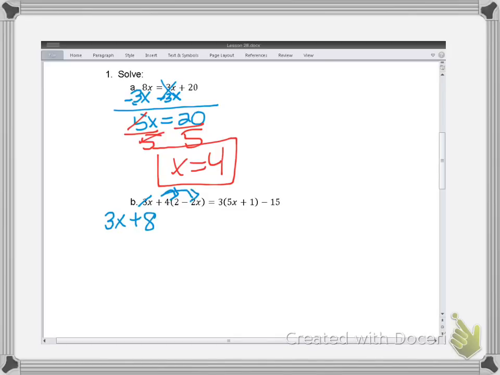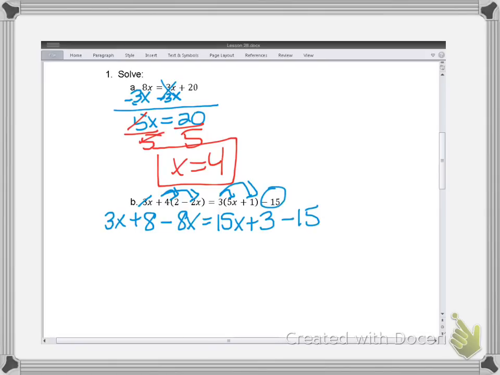And then 4 times negative 2x would be negative 8x. And on the other side, we're going to distribute the 3. So 3 times 5 is 15, and then we have an x. And 3 times 1 is 3. So we have plus 3, and then we also have this minus 15 over here to bring down.